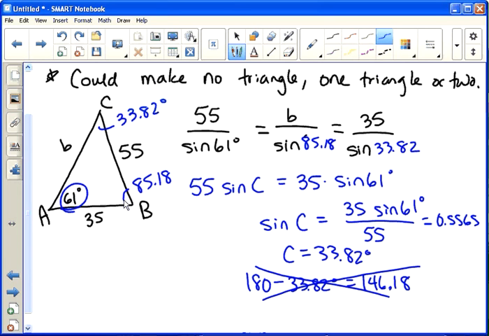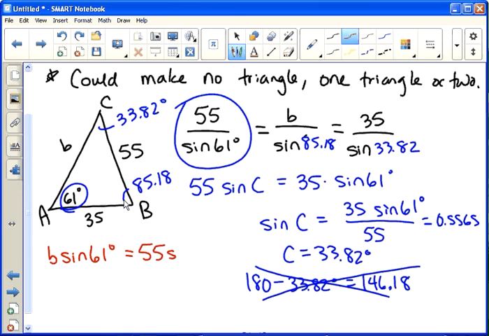I'm probably still going to use my original one right here just so we get into a good habit of doing that. So I'm going to do this in red. We get b times sine of 61 degrees equals 55 times sine of 85.18 degrees. Then divide both sides by sine of 61.